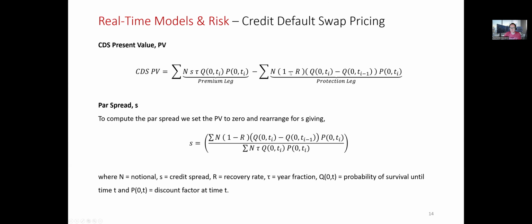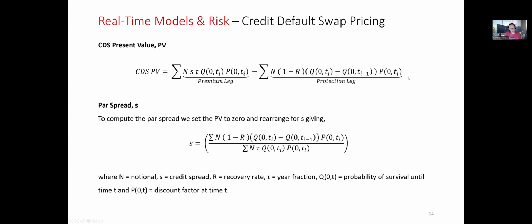Notional times the loss is the loss given default. Q is the probability of survival. Q minus Q is the probability of default between these two times. P is a discount factor. The premium leg is notional times the spread times the year fraction times the probability of surviving times the discount factor P. So there's the formula.